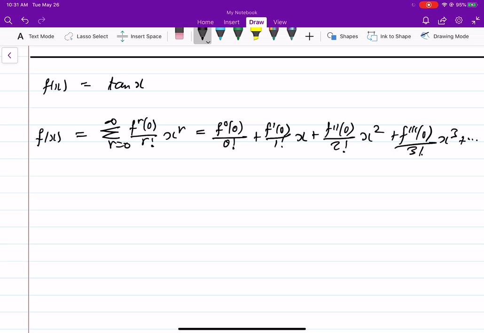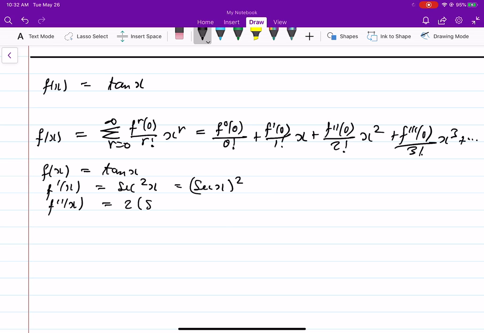So let's see how that's going to go. f of x is tan x. f prime of x is sec squared x, which is sec x all squared. f double prime of x is 2 times sec x.